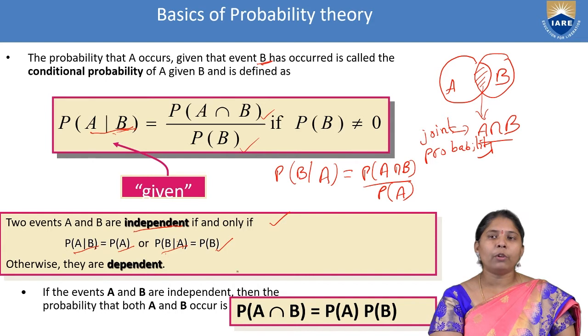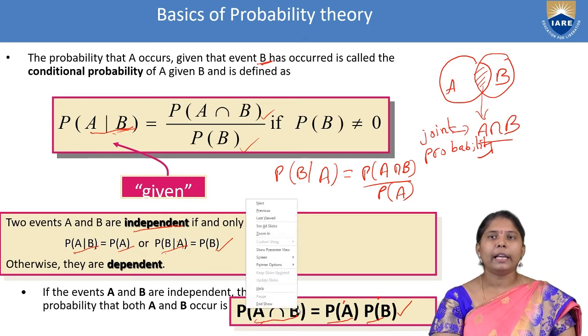One more condition to check dependent and independent: when A and B are independent, the joint probability is the product of the two individual probabilities. So A intersection B is the product of the individual probabilities. If this condition is satisfied, then A and B are said to be independent.